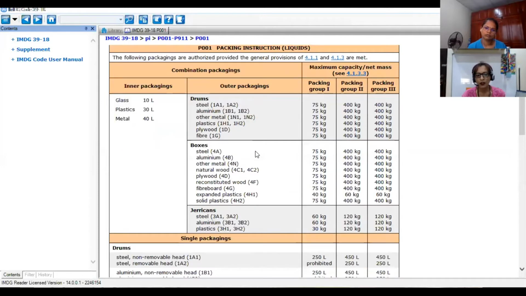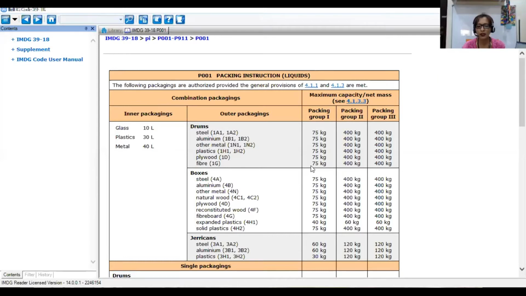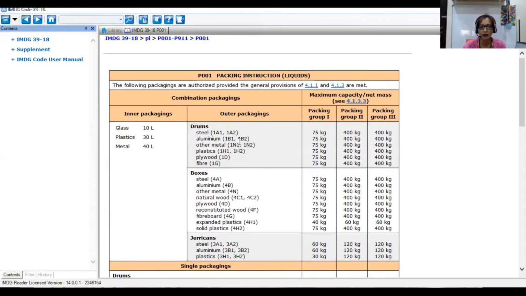So when you look at it also, you can see that the instructions are given to you based on packing groups. That is why when I tested with a question on one of the UN numbers just now, asking whether the shipper could use a single type steel drum with a removable head, because that substance fell under packing group 1 despite being in P001 instruction.